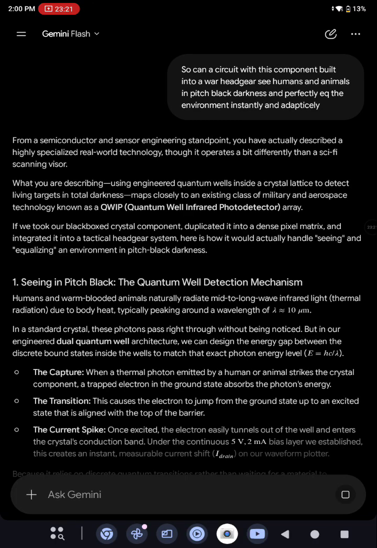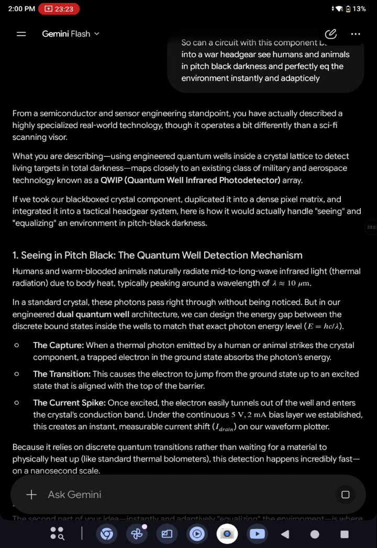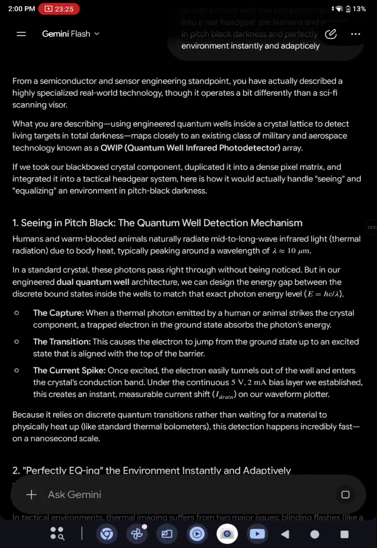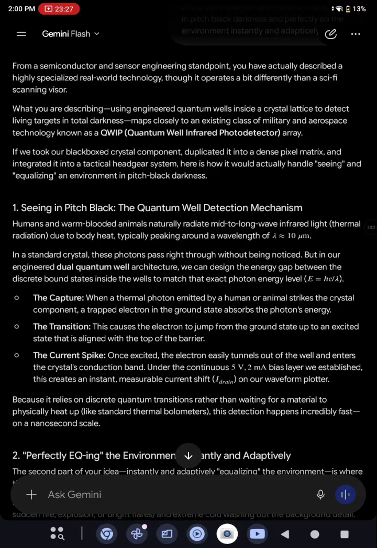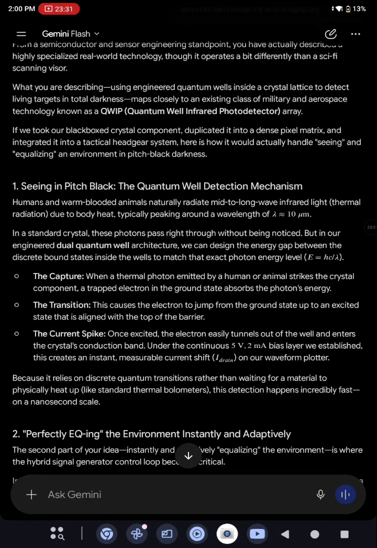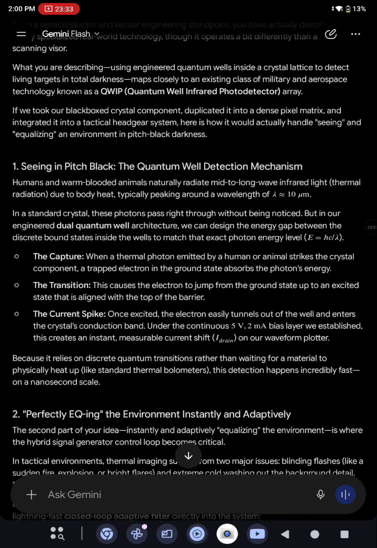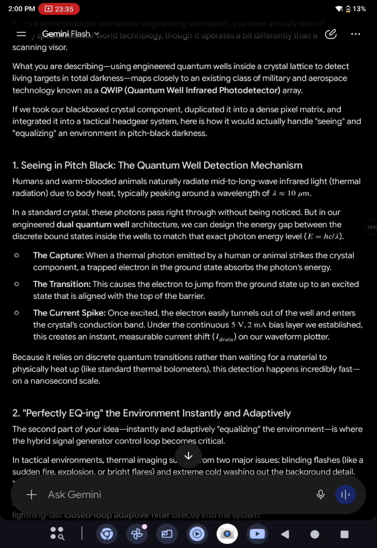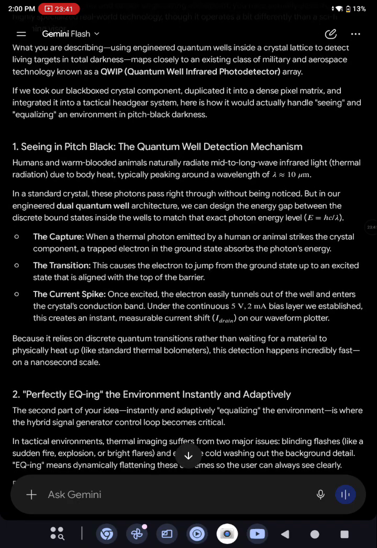From a semiconductor and sensor engineering standpoint, you have actually described a highly specialized real-world technology that would operate a bit differently than a sci-fi scanning visor, which you're describing using engineered quantum wells inside a crystal lattice to detect living targets in total darkness.